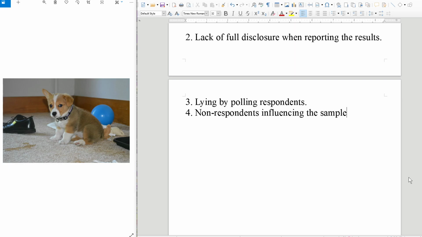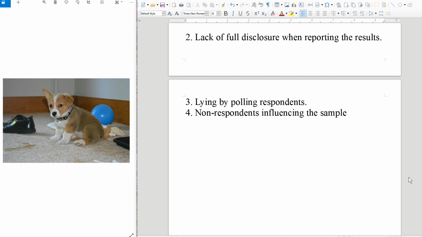This is a huge one. No matter how carefully you do the survey, how careful you are with your random selection, it's always going to be the case that your survey is going to have a biased sample. The reason is there are always going to be some people who refuse to do the survey, non-respondents, and the non-respondents are going to differ systematically from the people who are willing to do the survey.